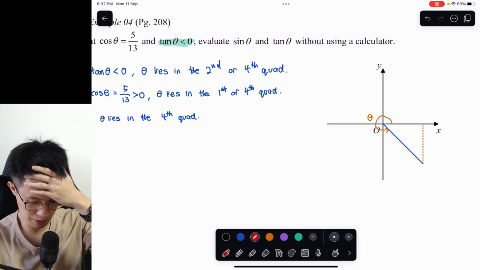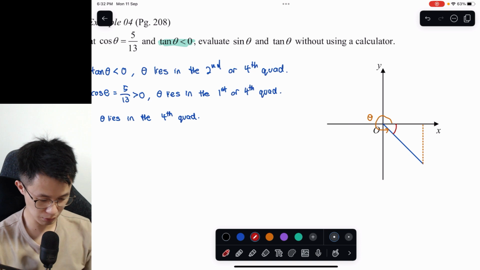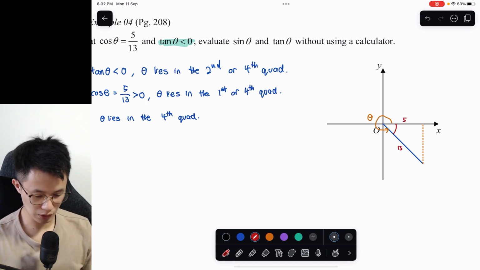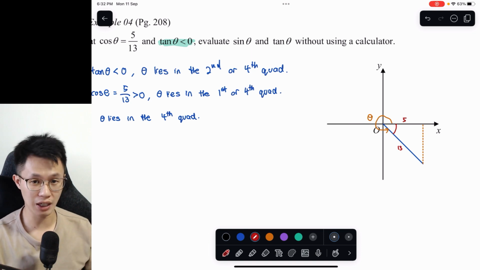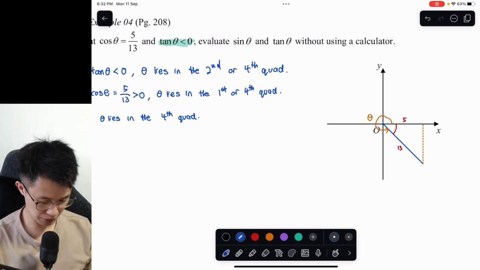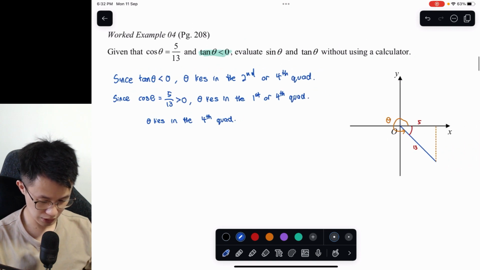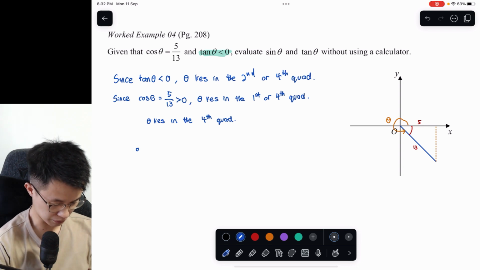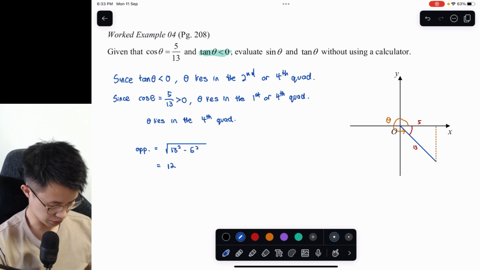So this will be the basic angle, where the adjacent is 5 and the hypotenuse is 13. We're going to use Pythagoras theorem first to find the opposite. So the opposite will simply be equal to the square root of 13 squared minus 5 squared, and that will give you 12 if I'm not wrong. Yeah, it will be 12.